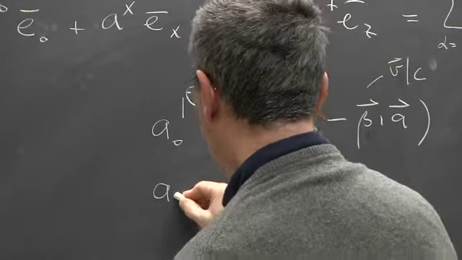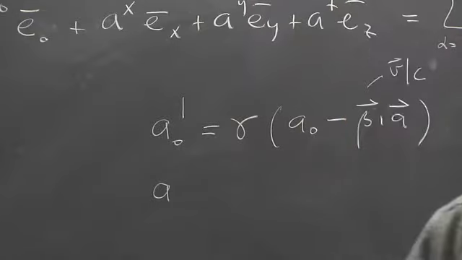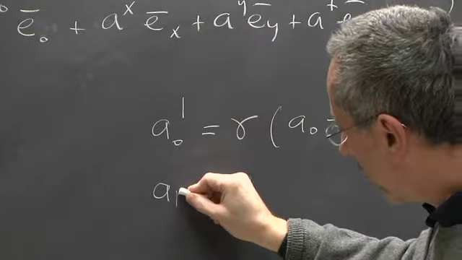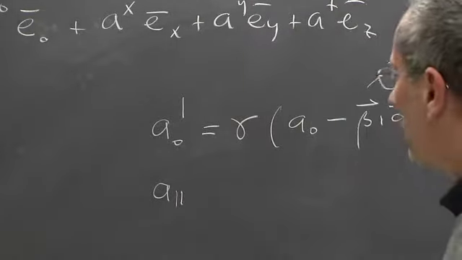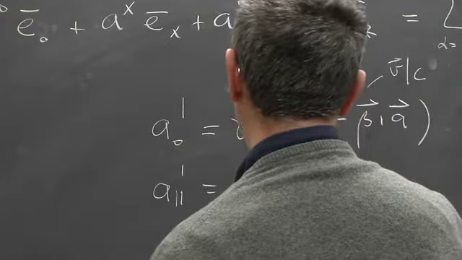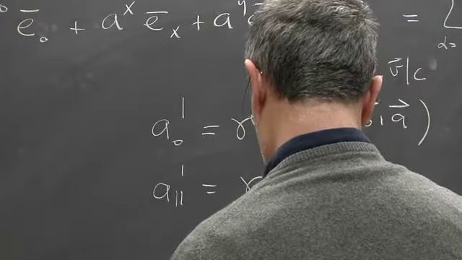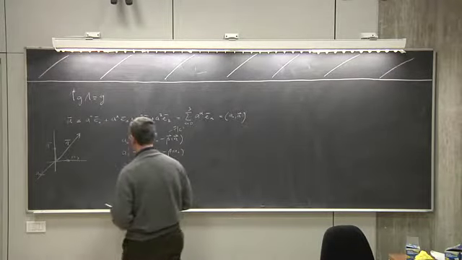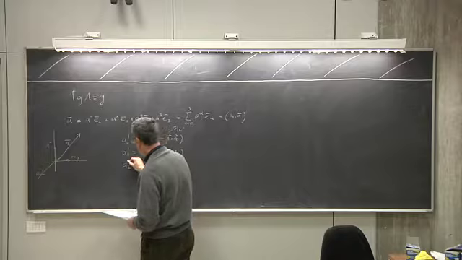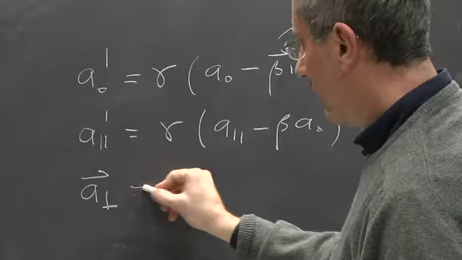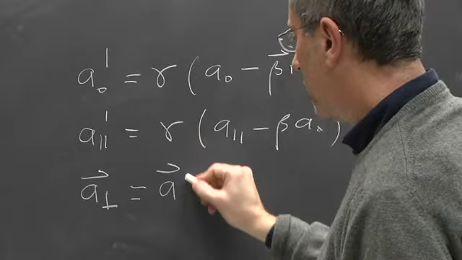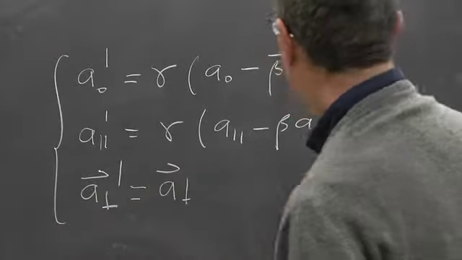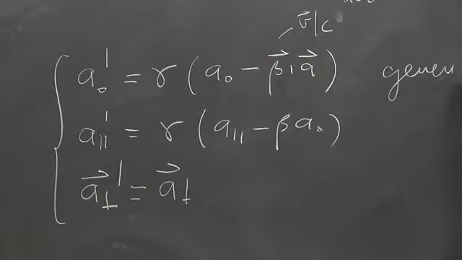The component parallel to the direction of the boost gets boosted, and the two components transverse to the direction are left unchanged. So this is the generic Lorentz boost. Is this clear?